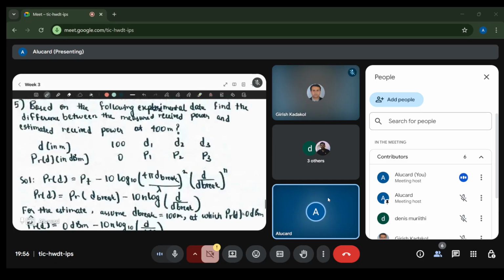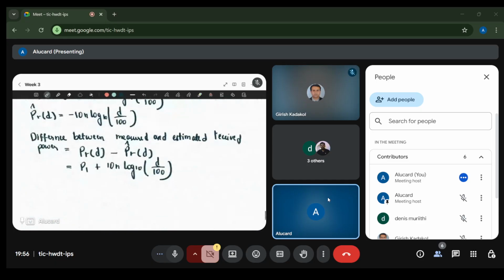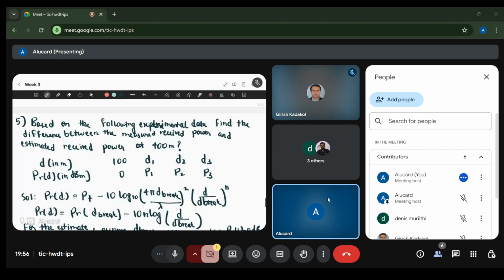At this point, you just have to substitute the value of P1 and D and you'll get the answer.